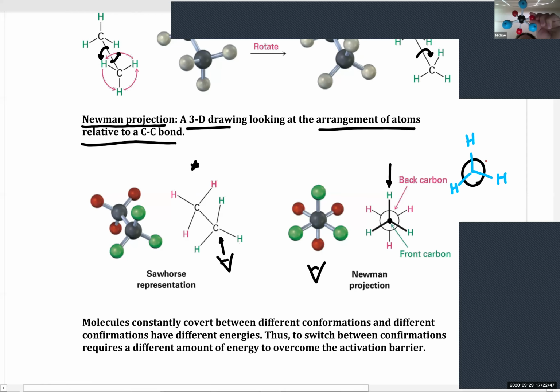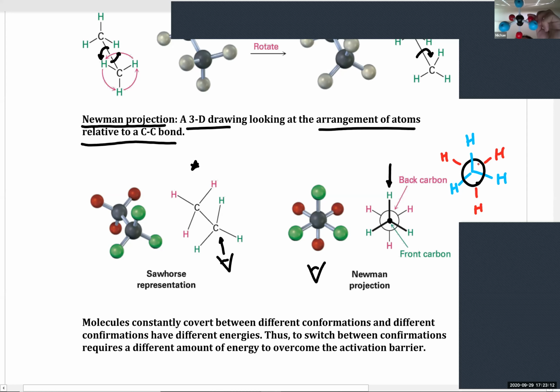So the back carbon isn't visible, but we draw all of the substituents attached to our back carbon as lines that are behind our circle. Does everyone see how we took this structure and by looking down a carbon-carbon bond, we generated a Newman projection?